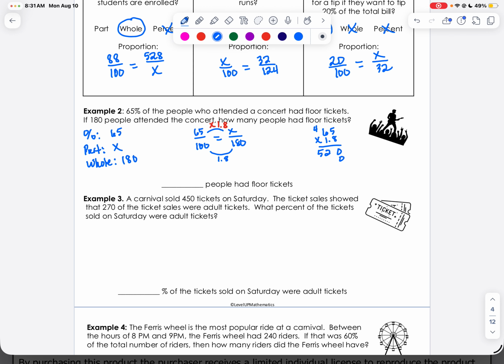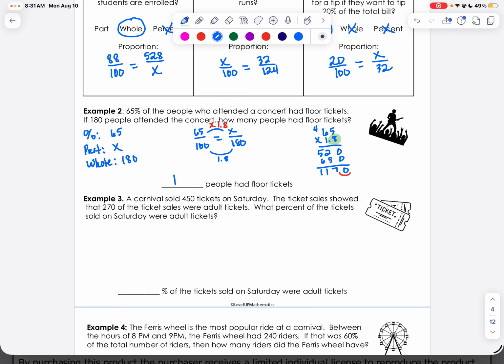Drop a 0. 1 times 5 is 5. 1 times 6 is 6. Add that up. And then very important that you remember the last step here. There's one number after the decimal, so we must move our decimal in one place.